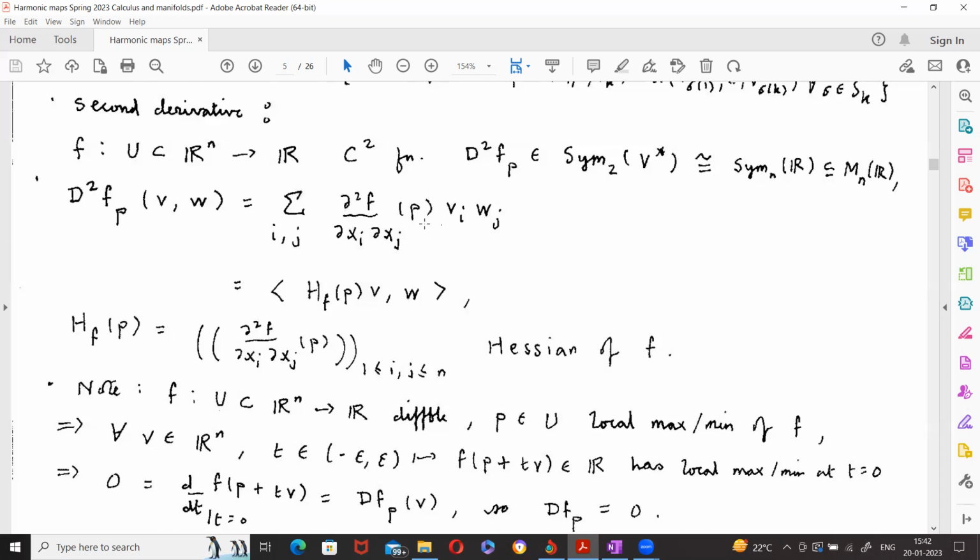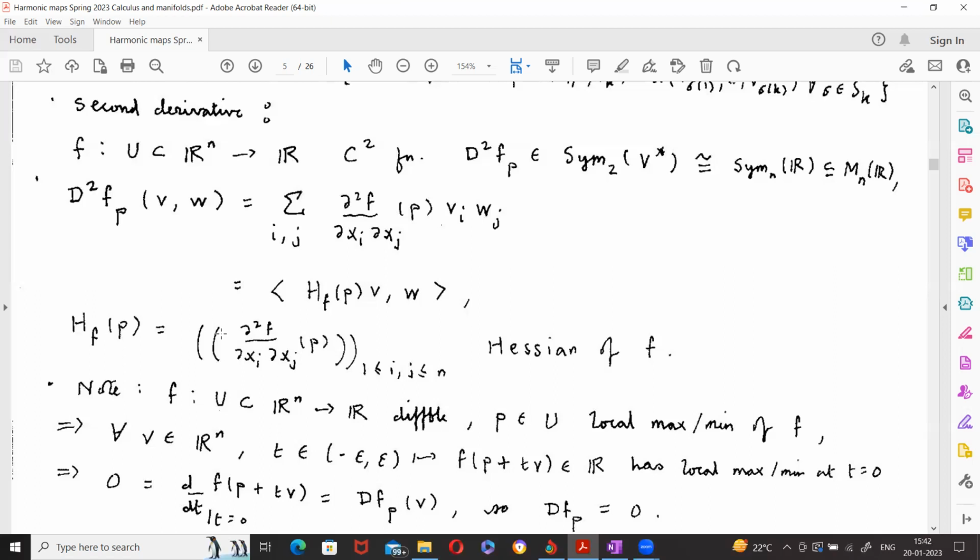This I can write as the inner product of Hv with w, where H is the matrix of this symmetric bilinear form. It's the matrix with entries ∂^2 f / ∂x_i ∂x_j. So this is a symmetric matrix, which is called the Hessian matrix of f, okay?